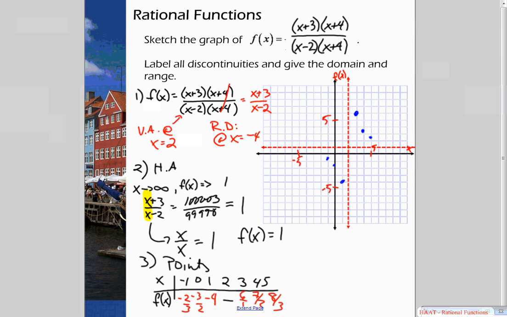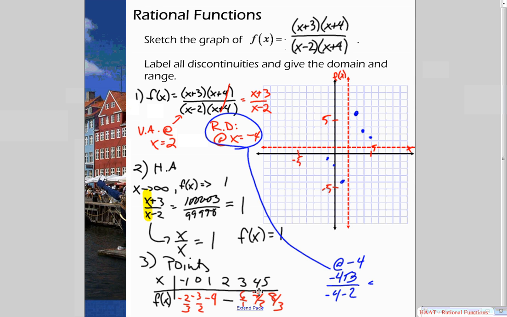Now, the other thing you have to remember is that you've got this removable discontinuity here. So at -4, I'm going to have -4 plus 3 over -4 minus 2.